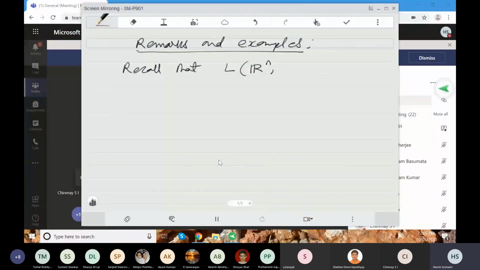Now, can you see it? Yes, we can see the desktop, which has a notebook on it. I've written something, remarks and examples. You can see this. Okay, fine. All right.